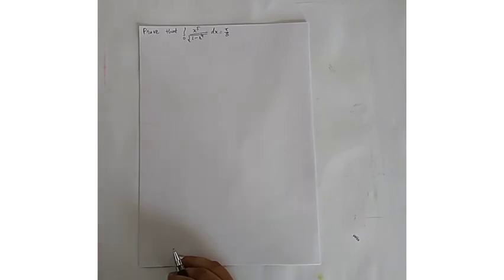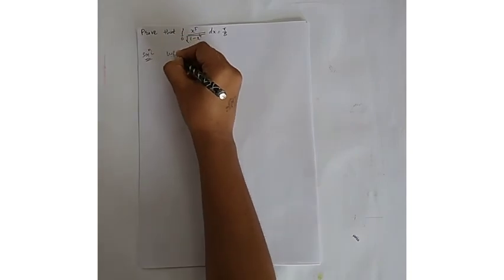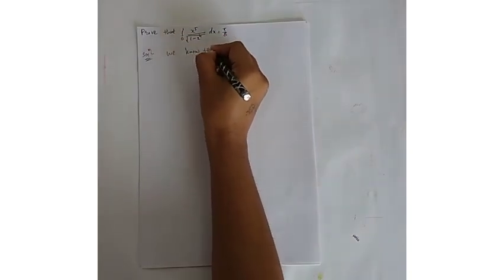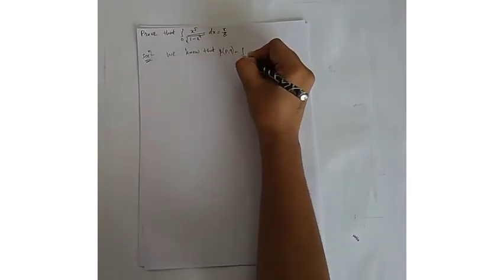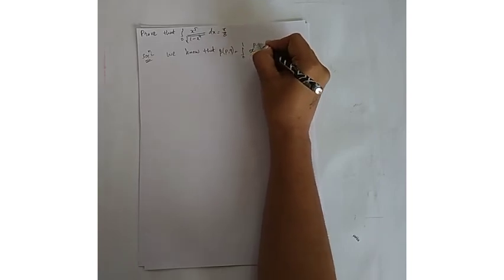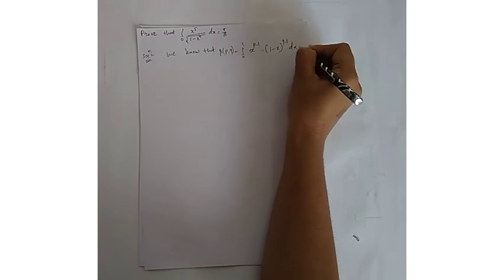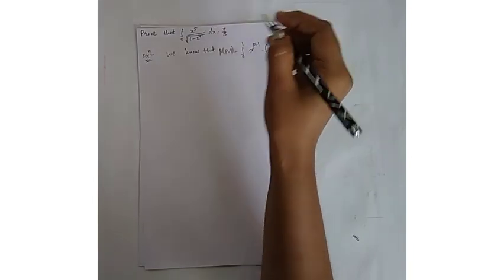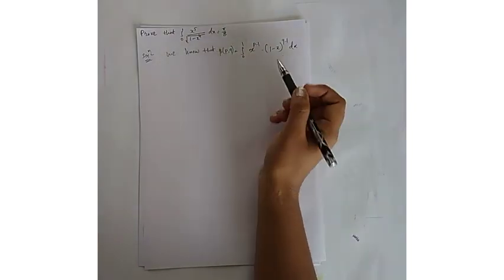For solution, we are going to write some form of beta function, that is, we know that beta pq is equal to integration with limit 0 to 1 x to the power p minus 1 into 1 minus x to the power q minus 1 dx. We are using this form to solve this example.